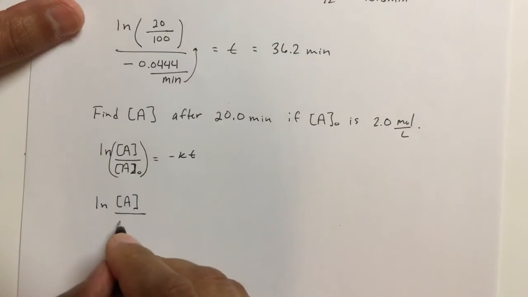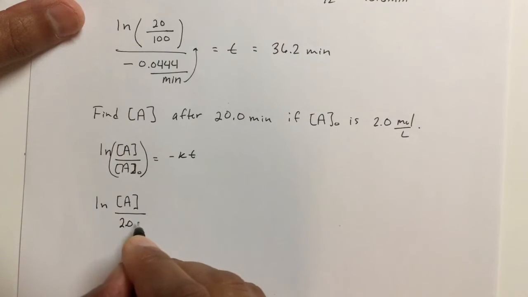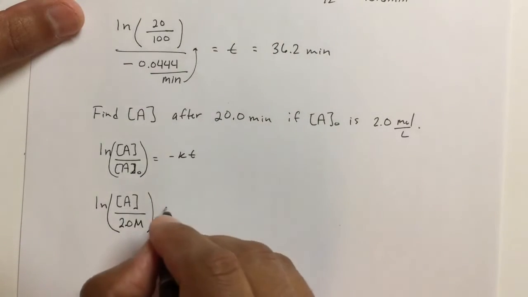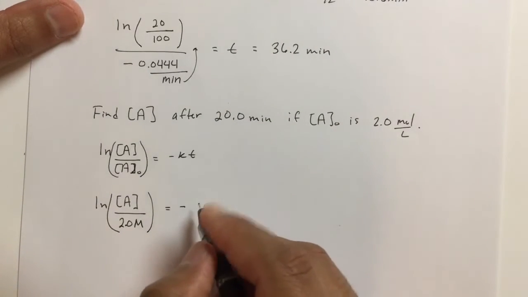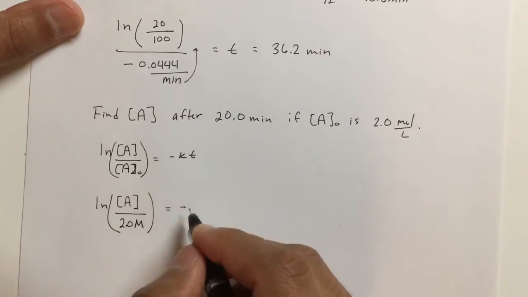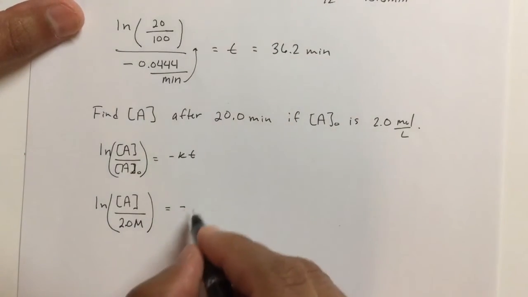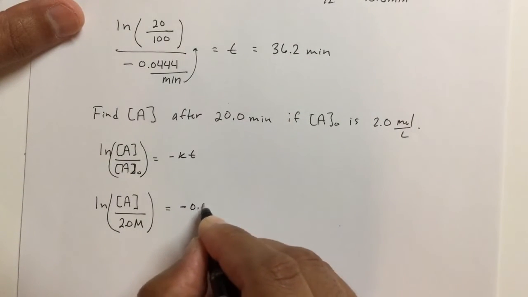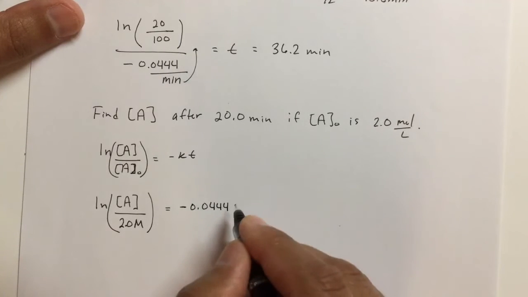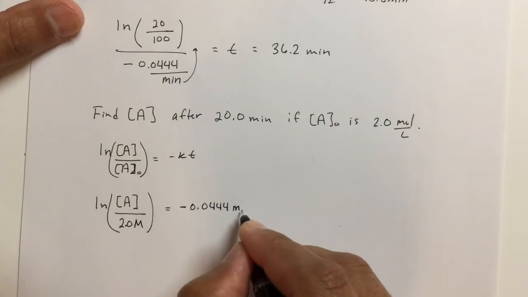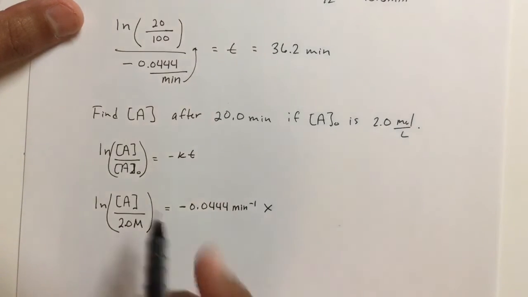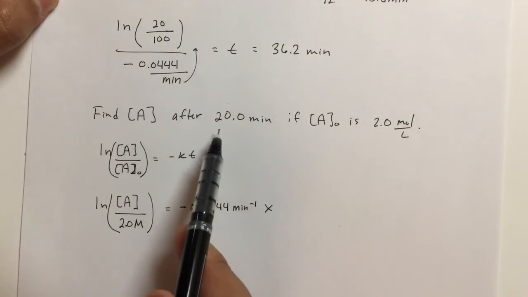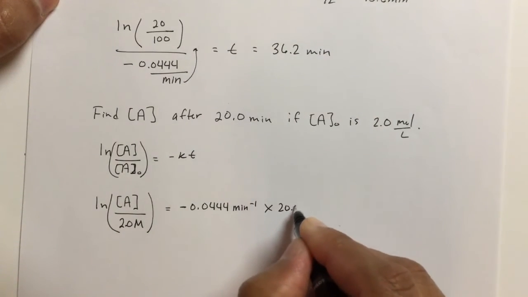The initial concentration is 2.0 mole per liter, I'll put molarity for right now, is equal to negative k. We found the rate constant earlier, so that's this number right here. So negative, because of my equation, 0.0444 inverse minute times t. In the question, I want to know the concentration after 20 minutes.